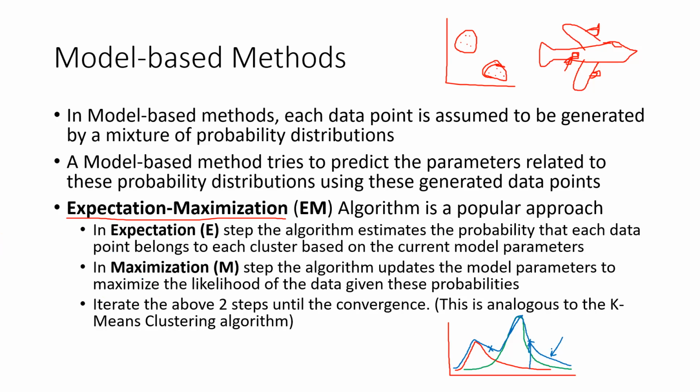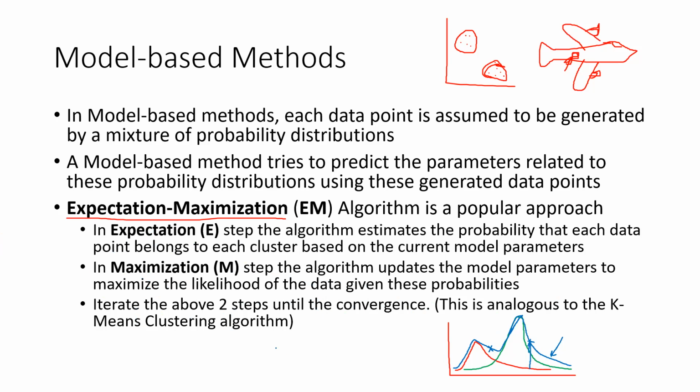You assign the probabilities with which each data point is generated by each of these distributions in the expectation phase. In the maximization phase, we update the model parameters to maximize the likelihood of the data given these probabilities.